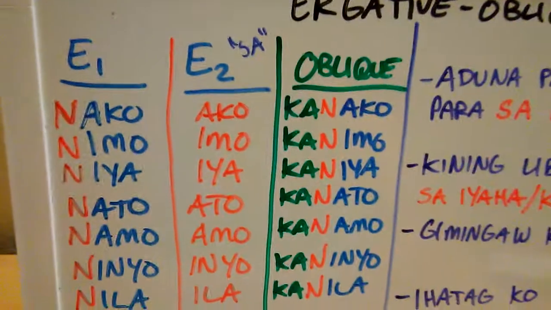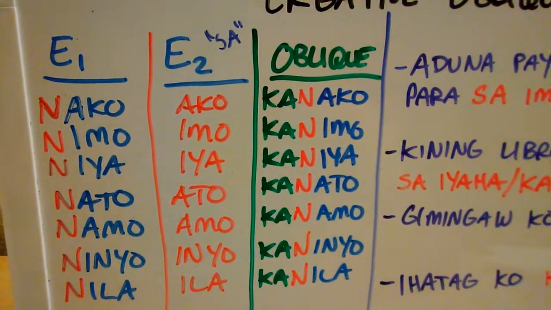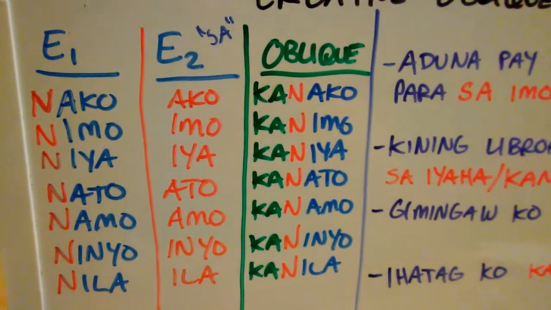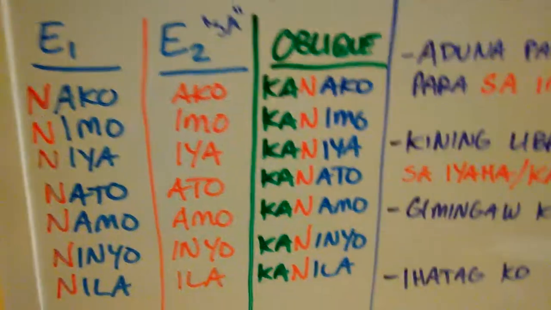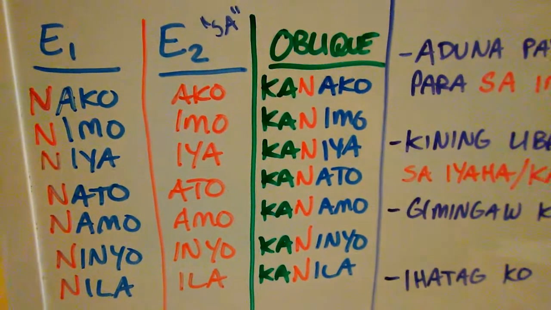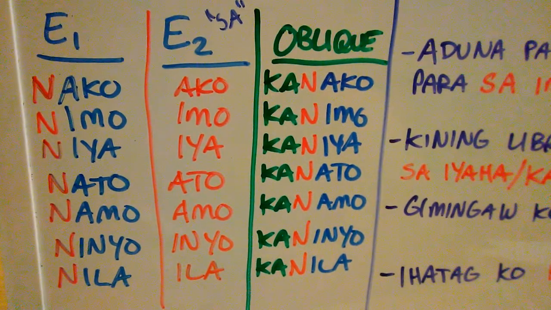Right, so here I wrote down the list of ergative and oblique pronouns. For the ergative postfix, the first one, we have nako, nimo, niya, nato, namo, ninyo, nila.